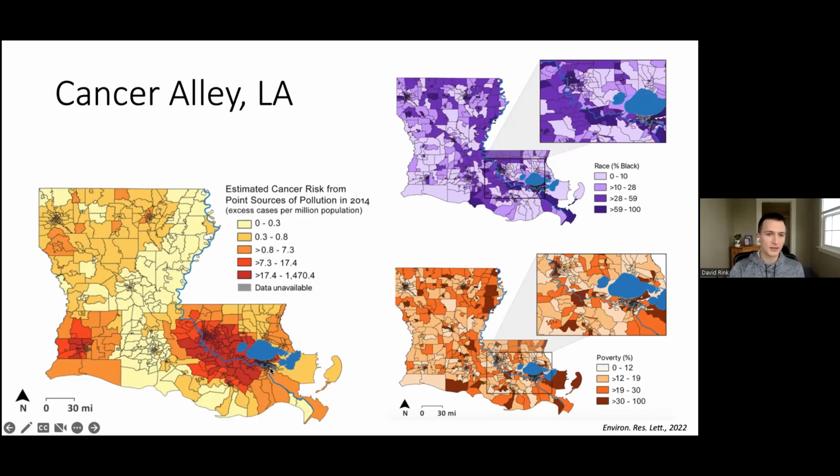And Cancer Alley here is the red area, sort of in the southeastern part of the state in Louisiana there. And you can see on the maps to the right, the largely, again, Black and more impoverished communities that are living there.